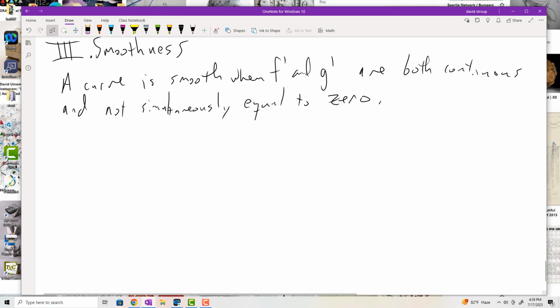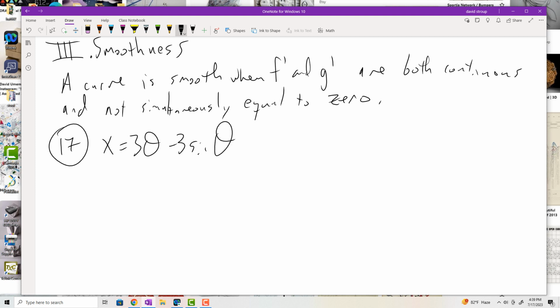All right, so let's look at number 17 and try to find where the parametric curve is not going to be smooth. In this case, it's going to turn into a trigonometry problem. I believe if you were to graph this, it would be a cycloid. But anyways, you need the derivatives.